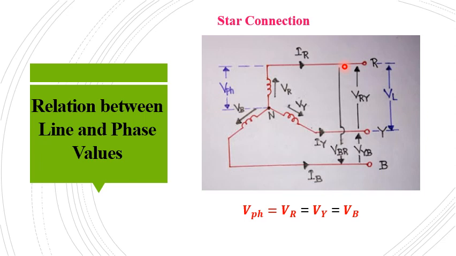That is, we can write VL equal to VRY, equal to VYB, equal to VBR.